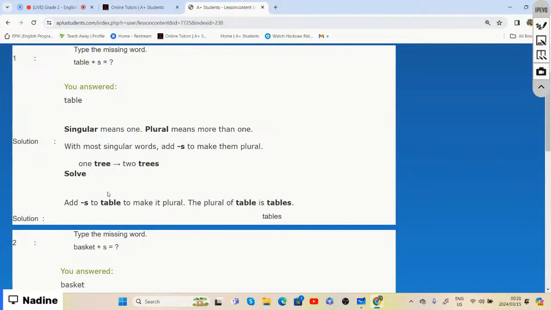We said it's one tree, and if we want to refer to more than one tree, then we say two or more trees. And we added an S to show that the word now changes from a singular word to a plural word.